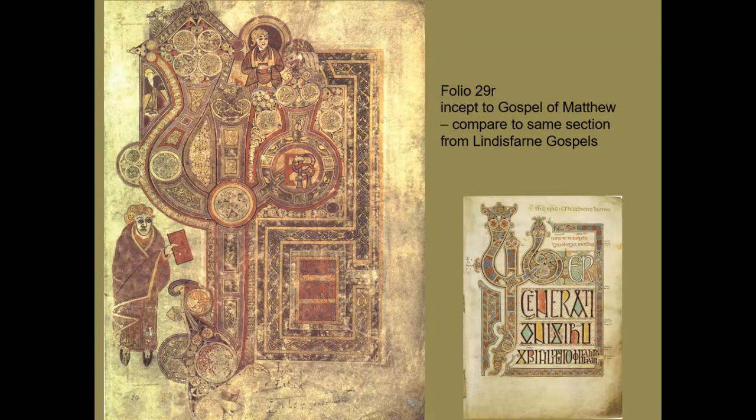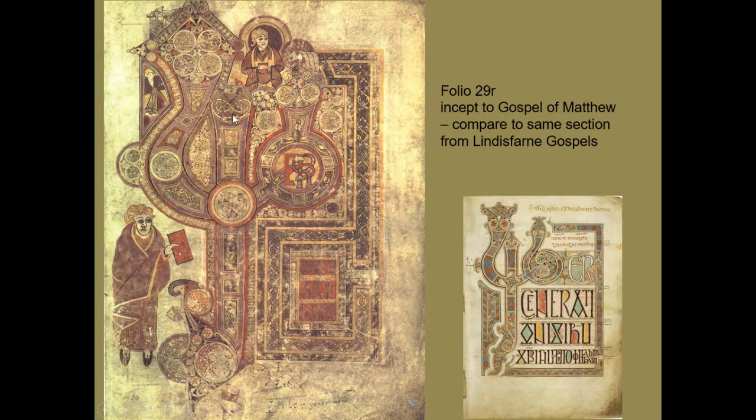So again, there is the male figure to represent that idea. And I just wanted you to see a comparison between how this section of the book begins here in the Book of Kells compared back to the Lindisfarne Gospels. And you can see that in the Lindisfarne book, the same initial letters are used. This spells L-I-B-E-R.